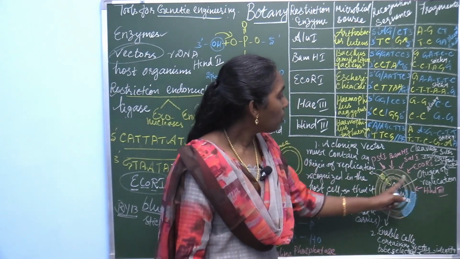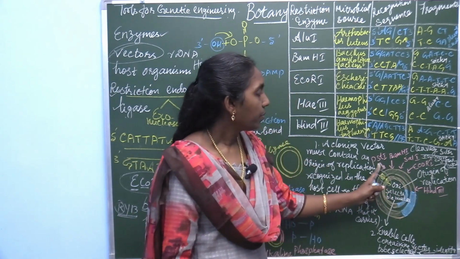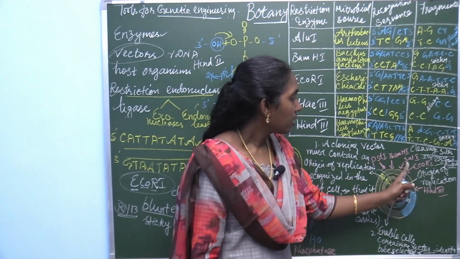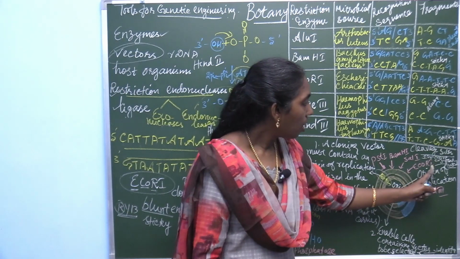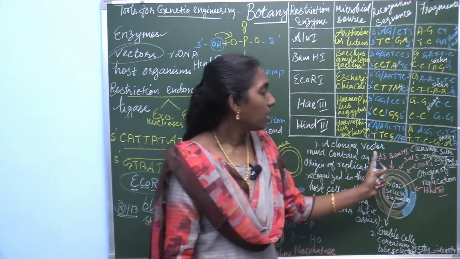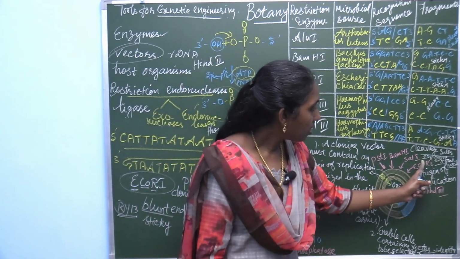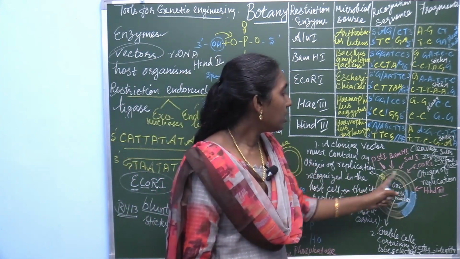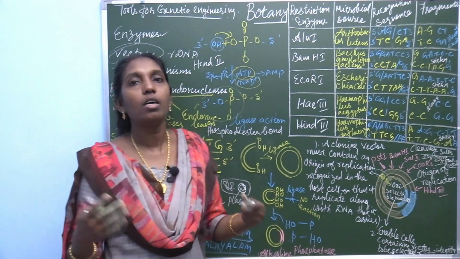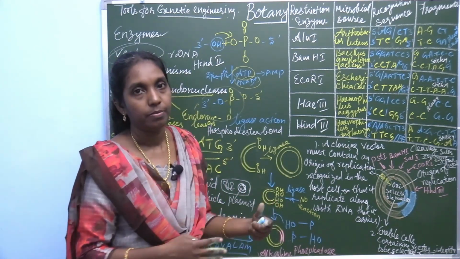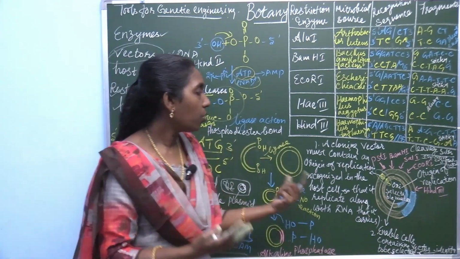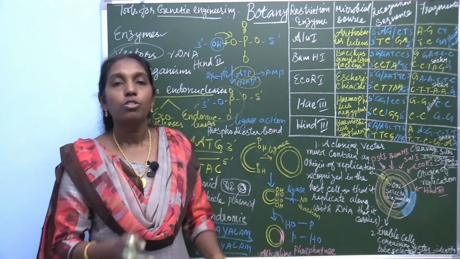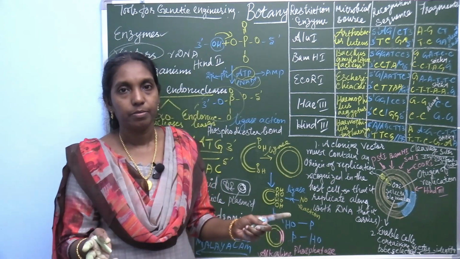Here these all are the cleavage sites: PstI, BamHI, SalI, EcoRI. At these sites, either one enzyme or more enzymes can be used to cleave this plasmid.